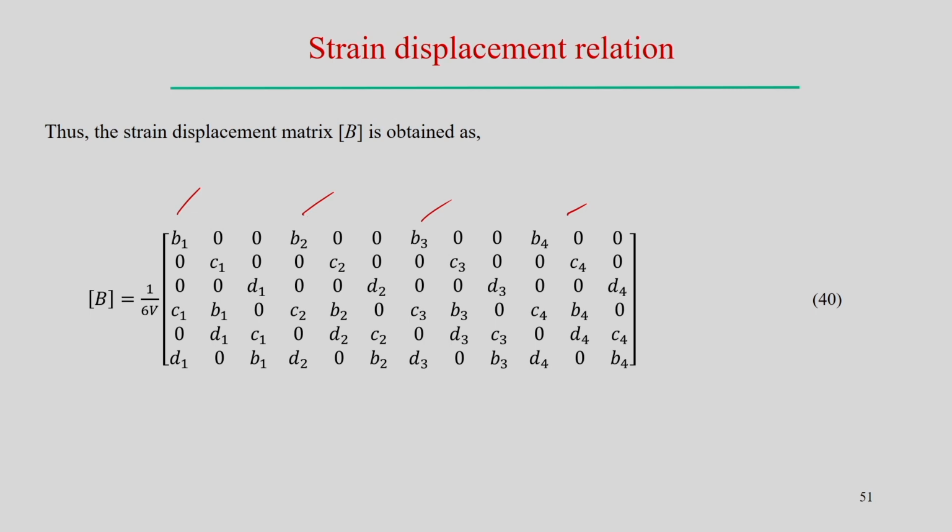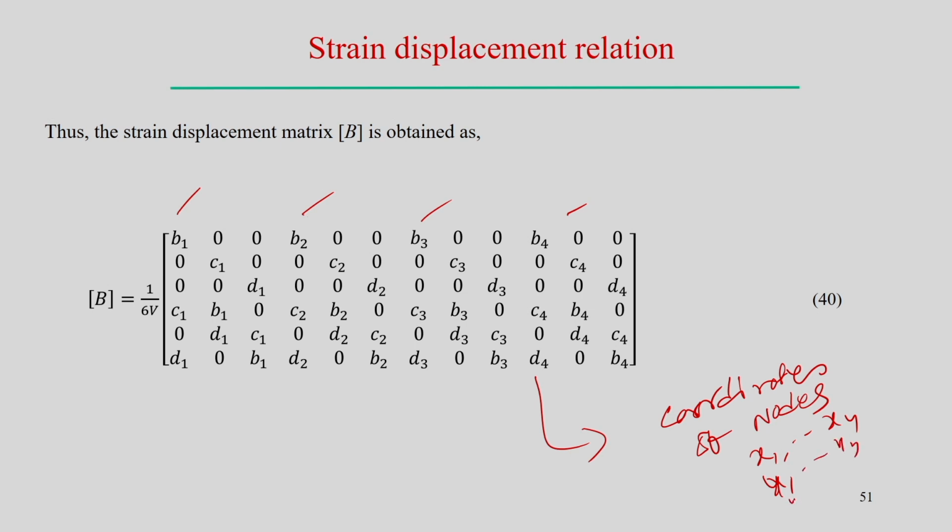The strain displacement matrix, B1, B2, C1 and so on, is represented in terms of the coordinates of all the nodes, that means x1 to x4, y1 to y4, and z1 to z4.